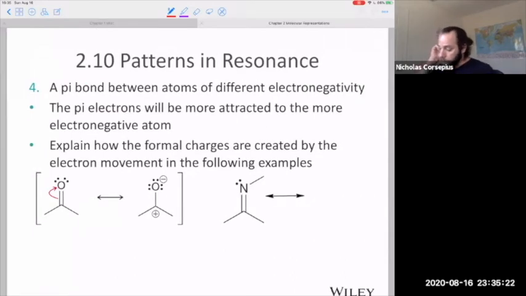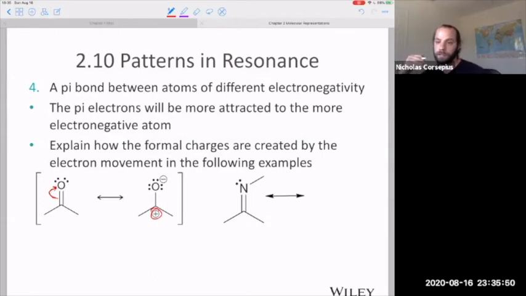Now what happens when you have a pi bond between atoms of different electronegativity? The pair of electrons can jump onto the more electronegative atom. In this case, the oxygen can take it, and this is only allowed to happen when you have a carbon there, because if you're going to remove electrons from somebody's octet, it has to be carbon.